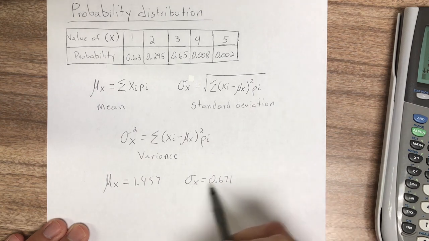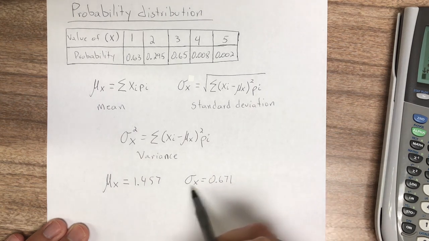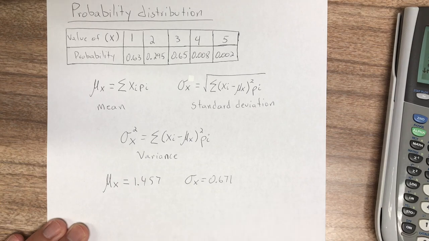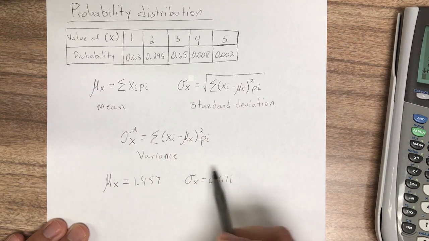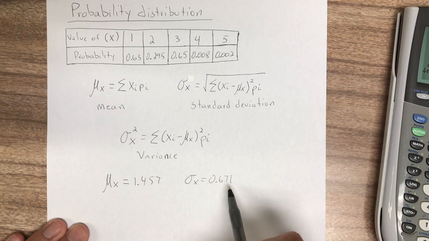The standard deviation is going to be the typical value that the random variables vary from the mean. So if you choose a random value, typically the number is going to vary about 0.671 from the mean.